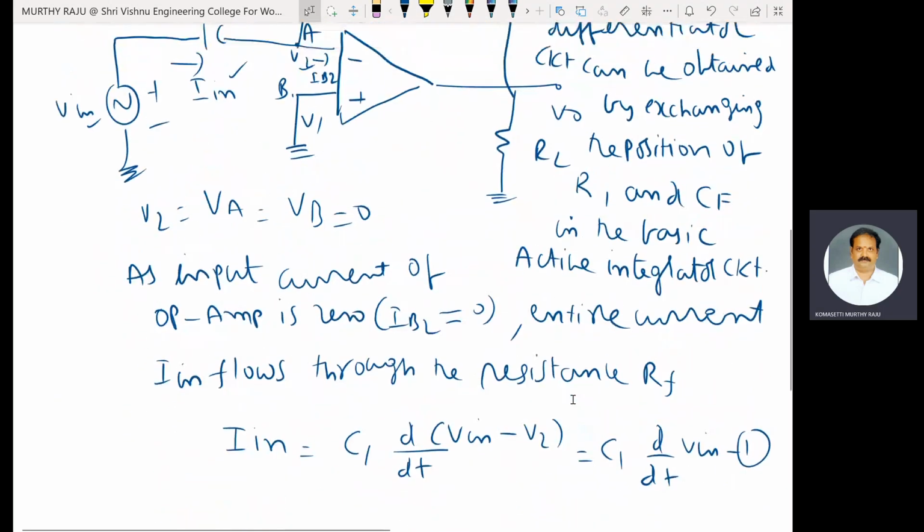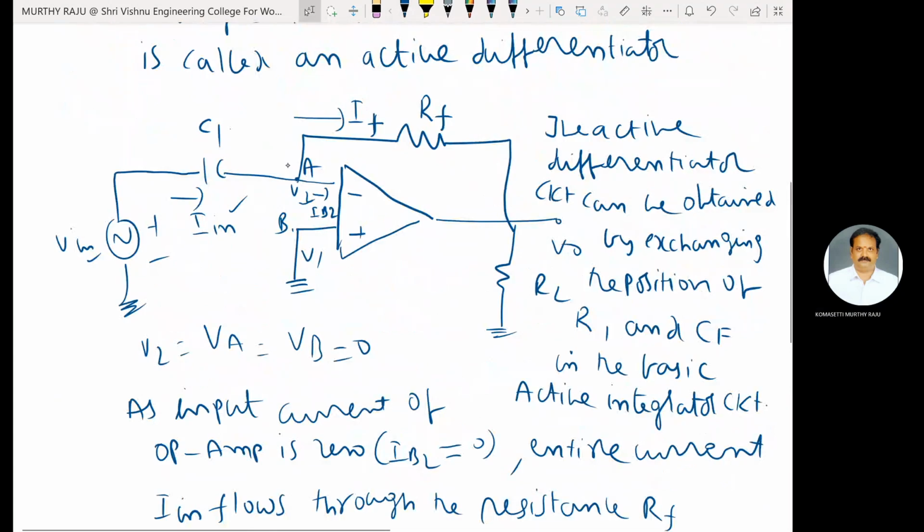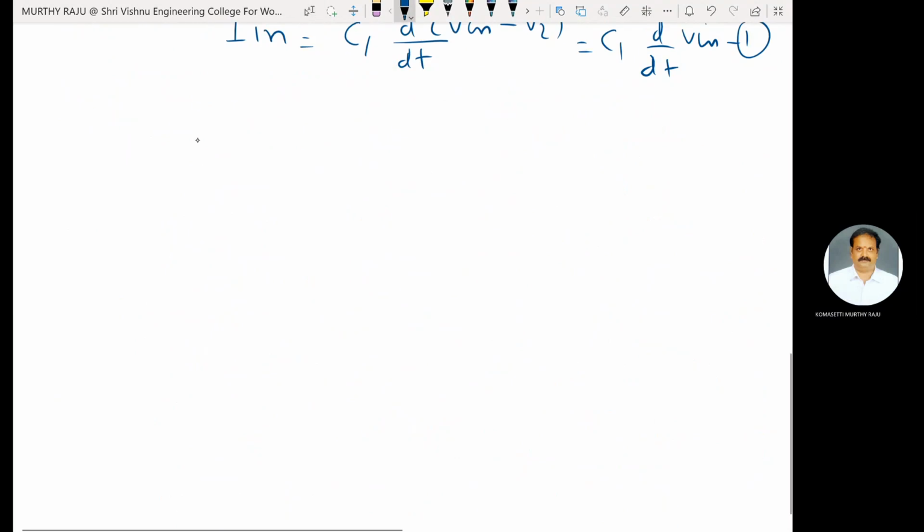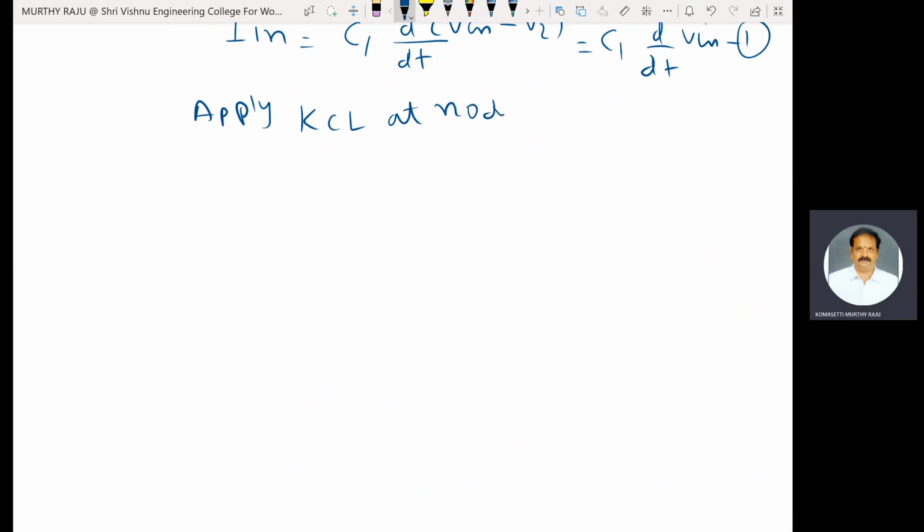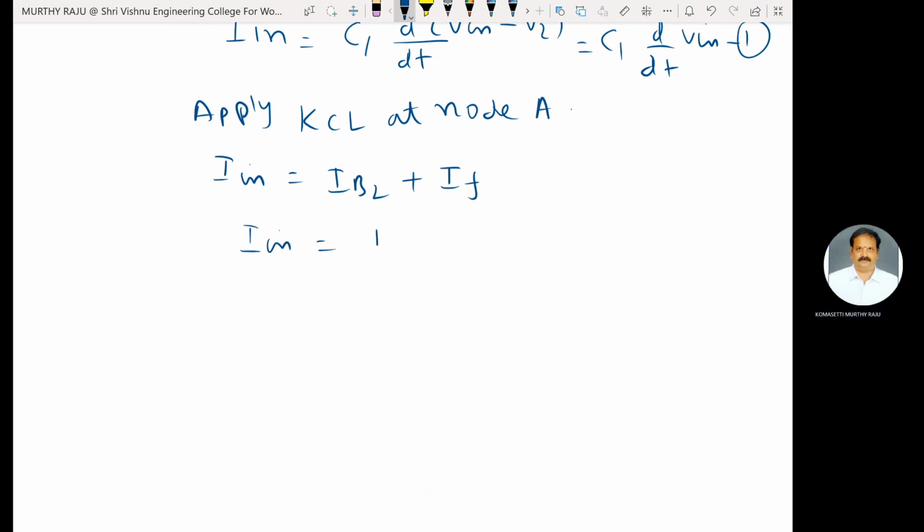Apply KCL at node A. At node A, input current Iin is equal to base current IB2 plus feedback current IF. IB2 is equal to 0. Therefore, Iin is approximately equal to IF.